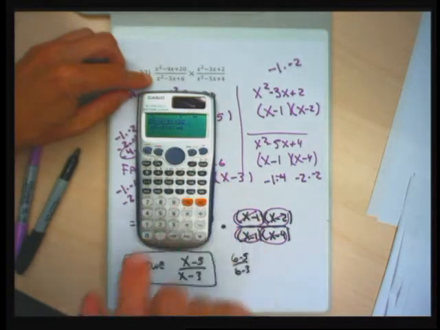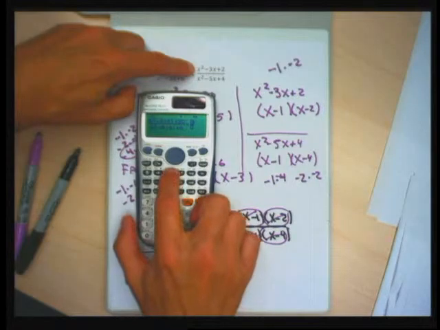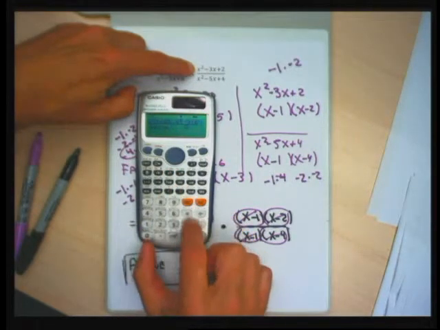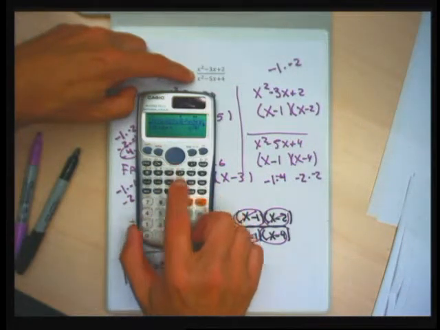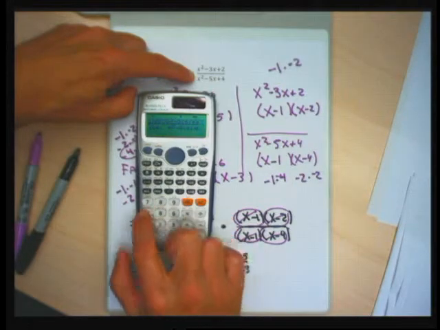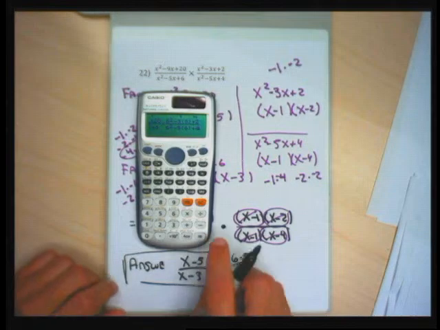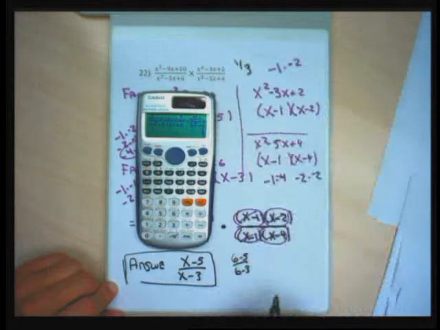Arrow out, times sign, fraction, now 6 is into these. 6 squared minus 3 times 6 plus 2 over 6 squared minus 5 times 6 plus 4. So for all of those x's, I plugged 6 in, and this reduces to 1/3.